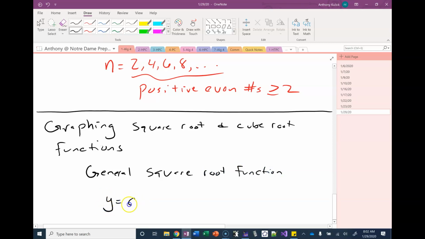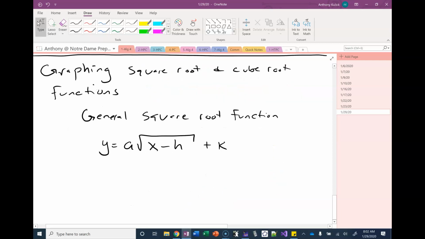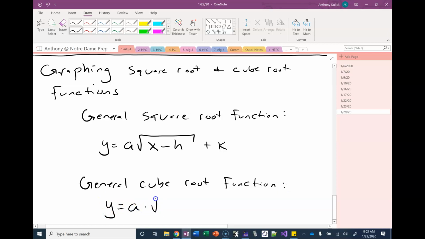So for the general square root function, we have this, and our general cube root function, we have this.